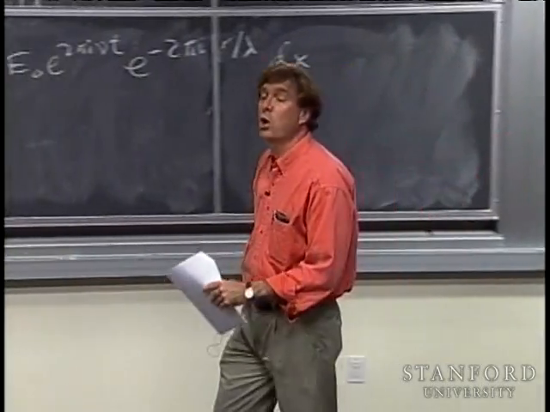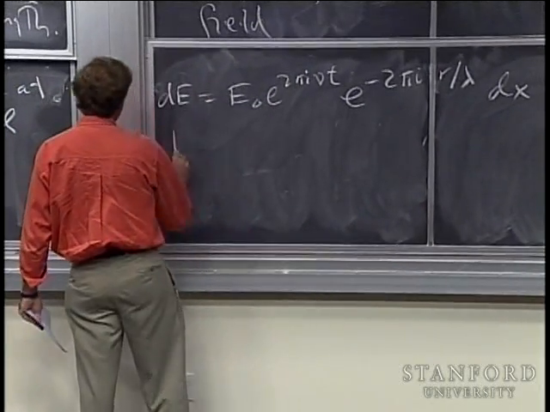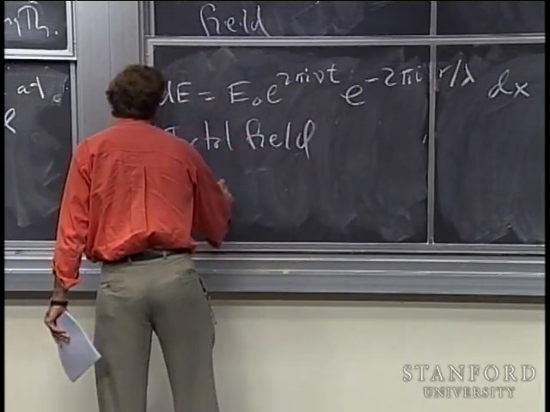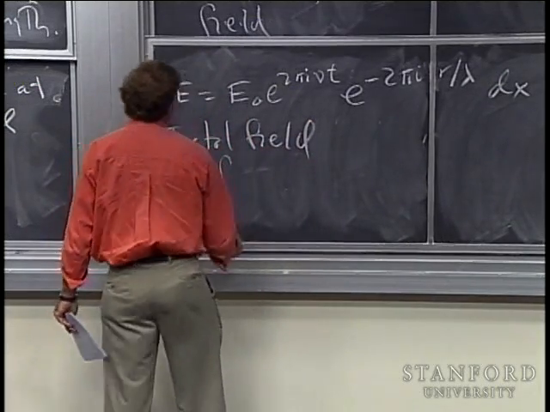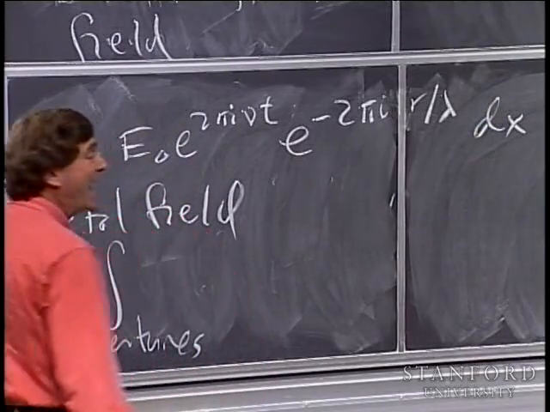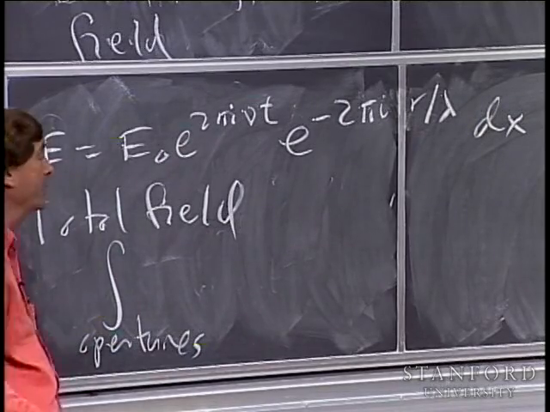Okay, so what is the total field? It's the integral of this expression. So it's the integral over all the apertures. This is the field at P, felt from all the different sources. So it gets to P from all different paths.